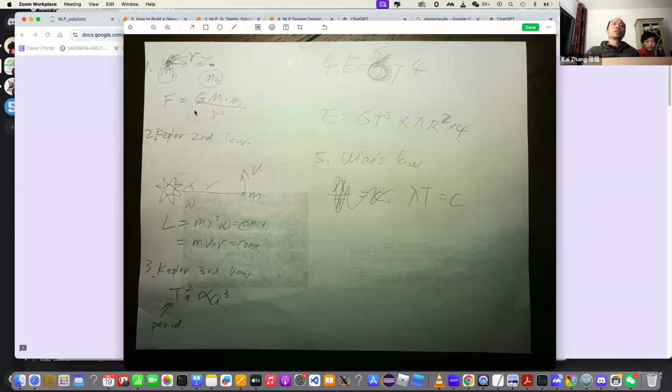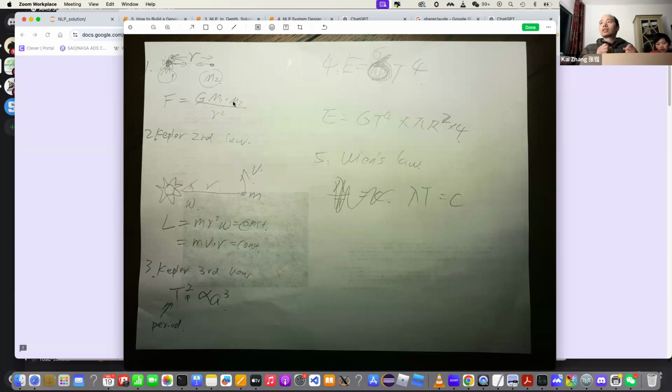That tells you the force is proportional to M1, and it is proportional to M2. For example, if the Earth's mass is 2 times larger but the distance does not change, then the gravitational force is twice as big because it is proportional to the mass.